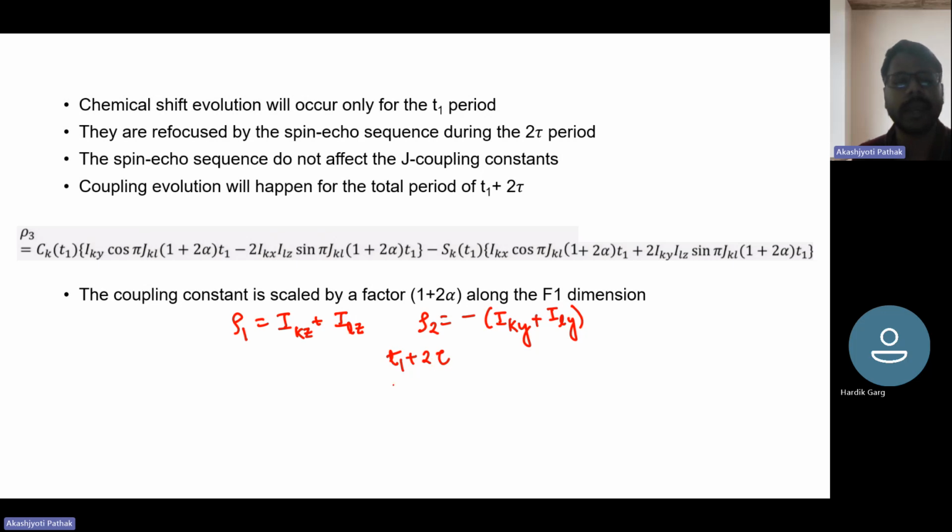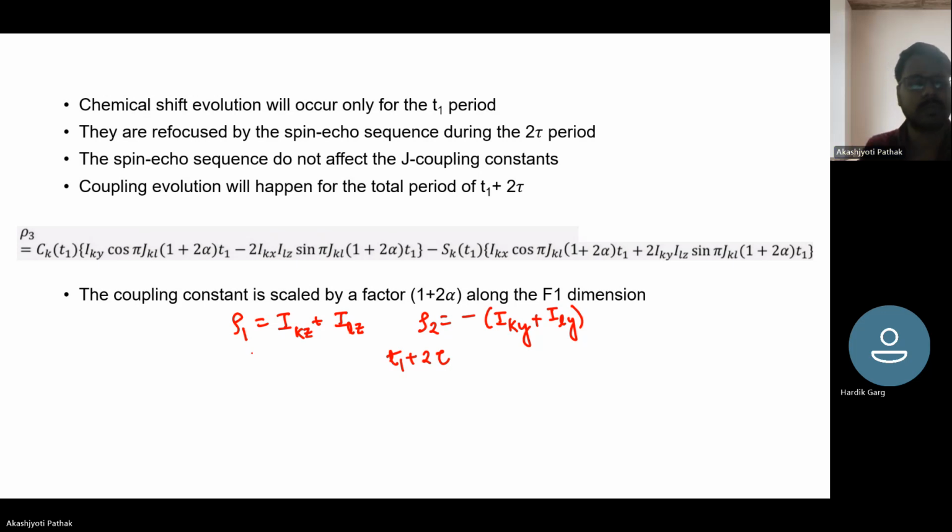What will happen in the T1 plus 2 tau period? The chemical shift evolution will only take place for the T1 period, while the J coupling evolution will take place in both the T1 and 2 tau periods. Coupling evolution will happen for the entire duration of T1 plus 2 tau. This is clear.